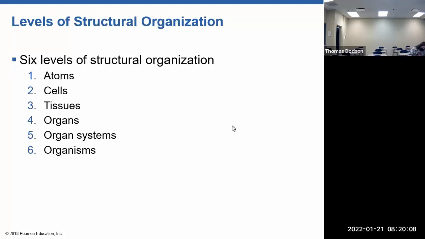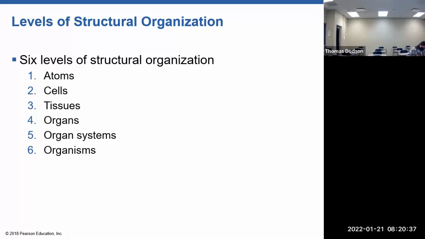Okay, so here are our levels of organization. I've kind of already talked about this, except I left out atoms. Cells are the first step of living organisms. The smallest living unit of life is a cell, but you have to make those cells up with various molecules, and molecules, whether they're macromolecules or just small molecules, are all made of atoms.